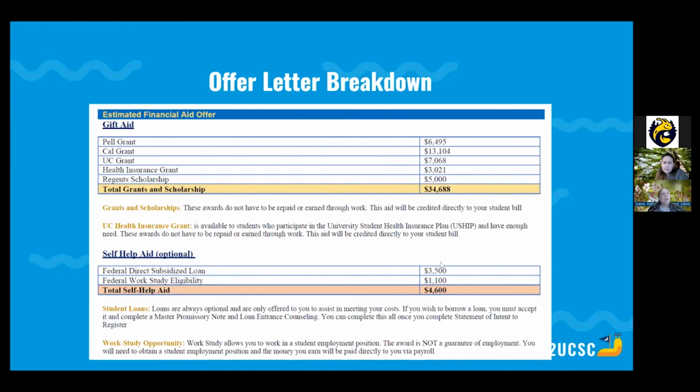For the amounts we offer for a subsidized loan, $3,500 is standard, but that's the maximum that can be offered to an incoming freshman, a first year. A sophomore is eligible for $4,500, and juniors and seniors are eligible for $5,500 of subsidized loan.